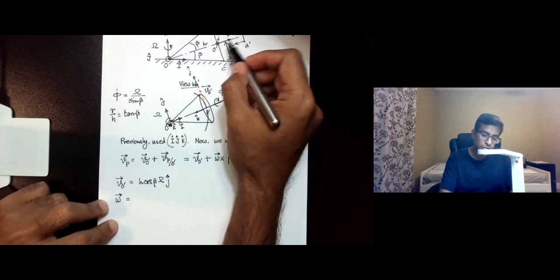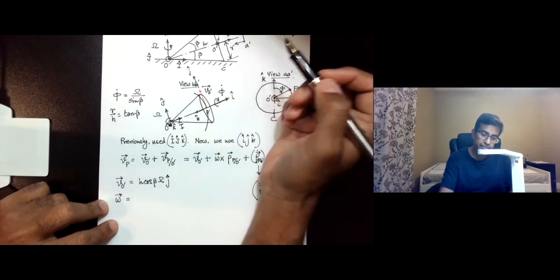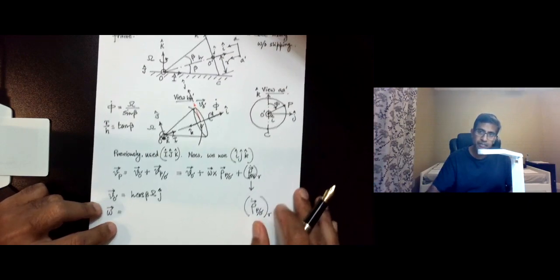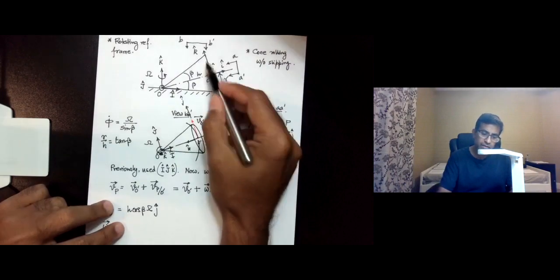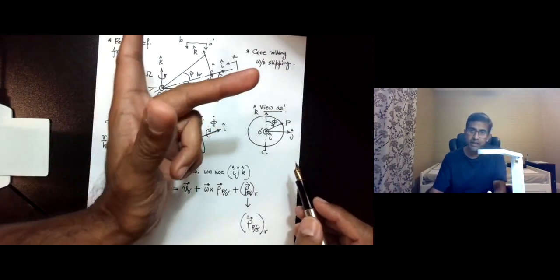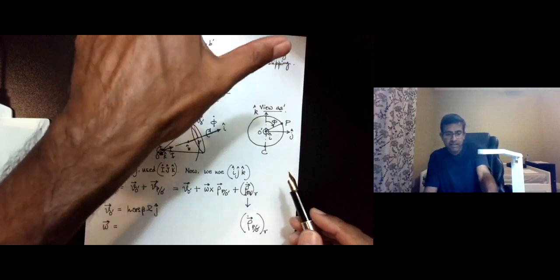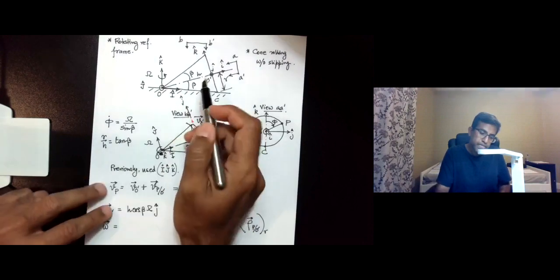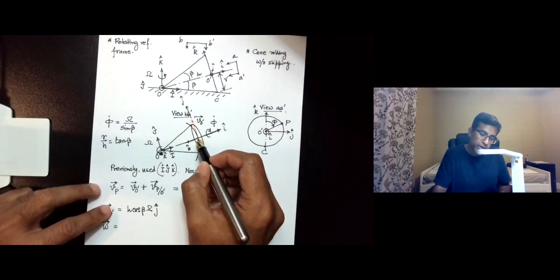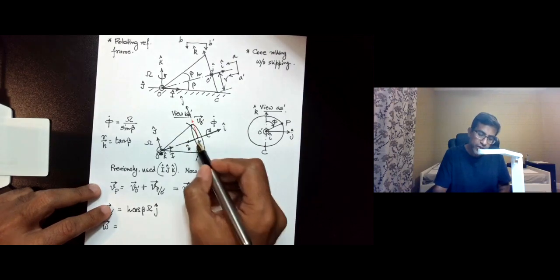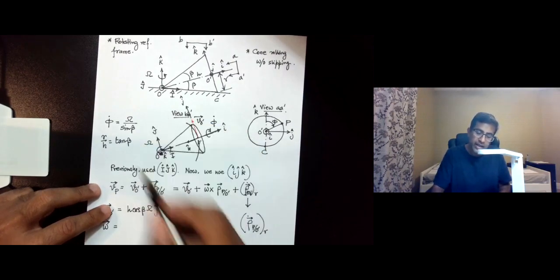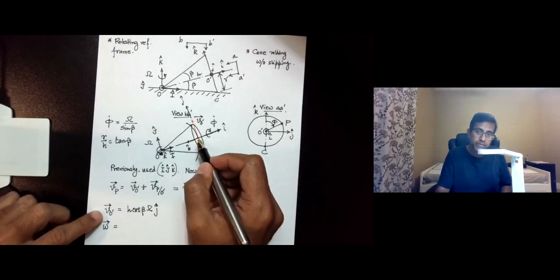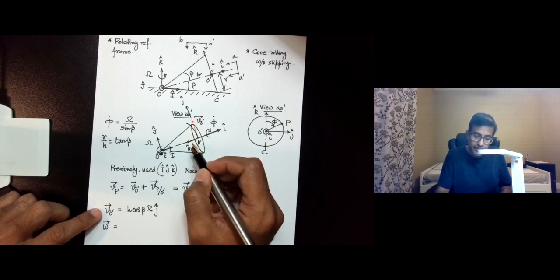Note that this rotating frame I, j and k, shown over here as well. So this rotating frame turns with the point O prime. So as O prime turns, I, j and k turns. So I, j and k basically has the angular velocity of O prime, which is omega.